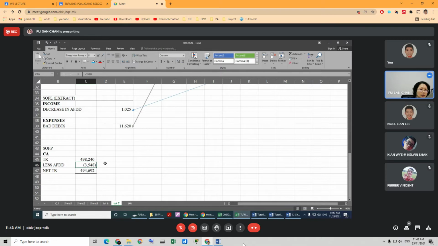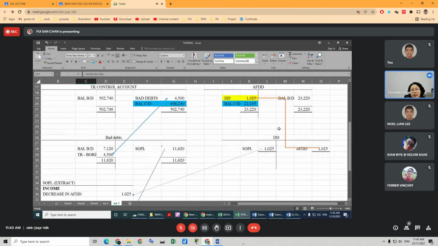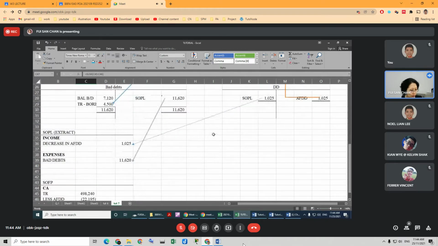FDD, which is the closing, so done. So this is your answer. So both are balance CD, correct? Yeah, both are balance CD, right? See, I already highlight. So always remember your balance CD always goes to the SOFP. Your closing balance will go to the SOFP. Isn't it? Yes. So any question so far? No? So far so good?